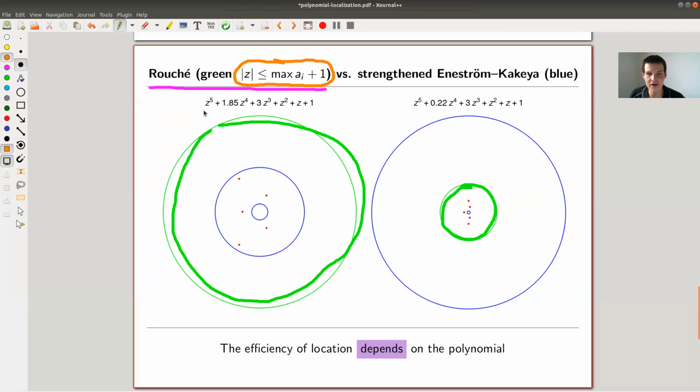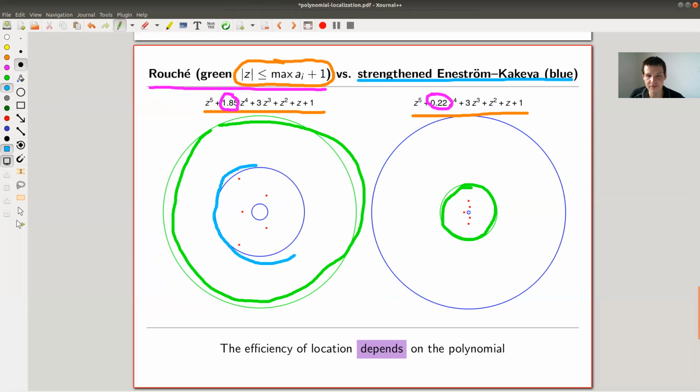And you can see here I have two different polynomials, and I haven't varied them much here. So the only difference is this is 1.85 and this is 0.22. But the picture is very different. So here you have the promised annulus, which is the blue one.